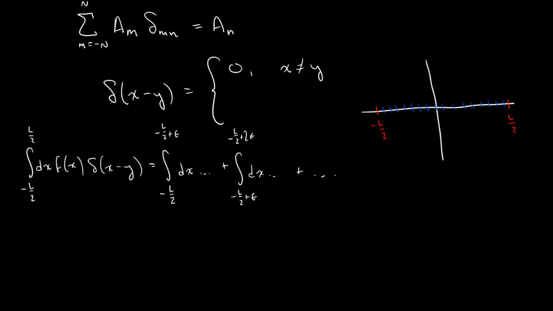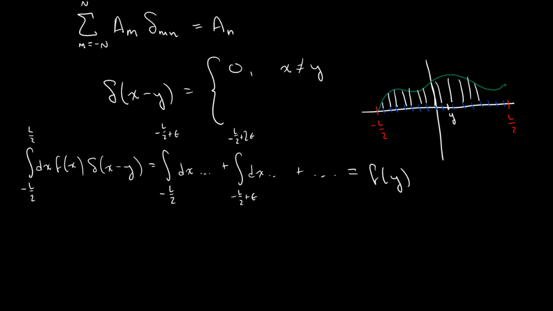So now, whatever my function may be between these two points, to have this be equal to only f of y, so say y is here, none of these pieces can ever contribute to the integral, right?